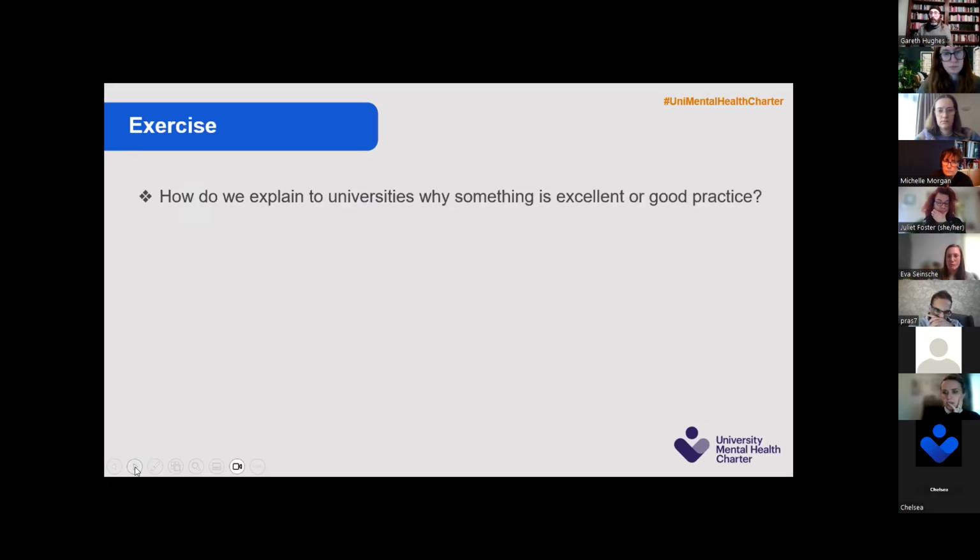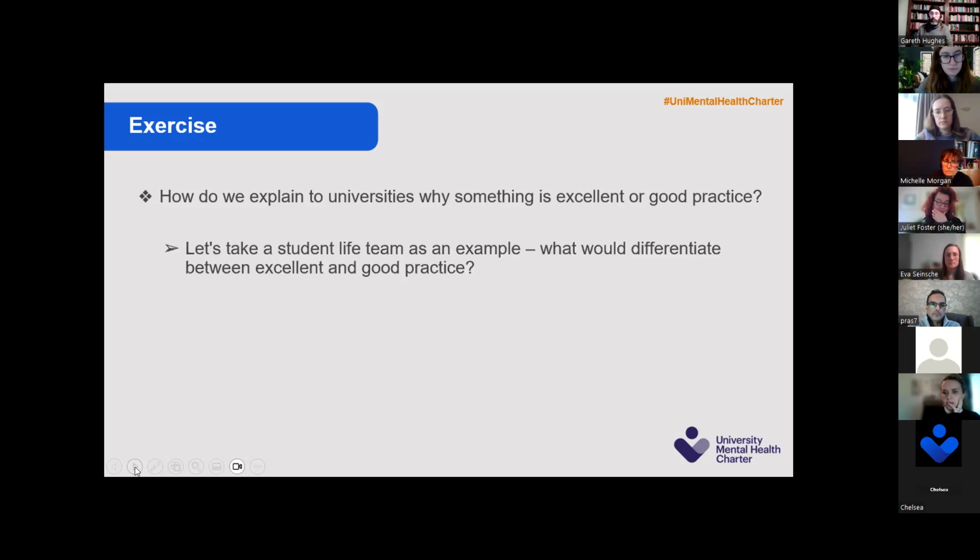So how do we explain to universities why something is excellent or good practice? We're going to do a little bit of practice in that in our groups. So let's take a student life team as an example. Student life teams, in case you don't know, tend to be teams that are based usually within accommodation, but sometimes they have a remit that's wider than that.